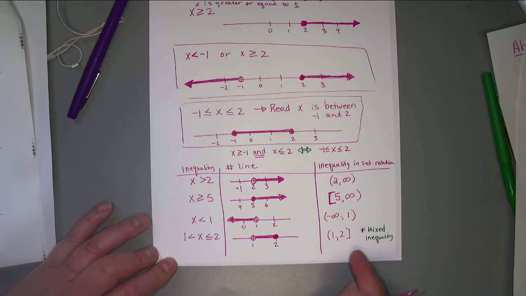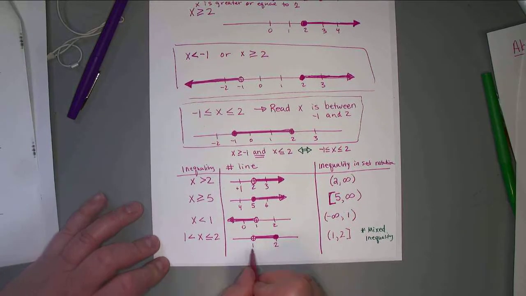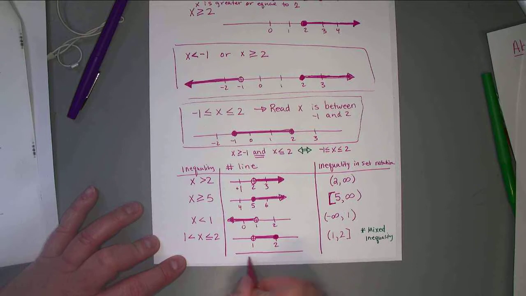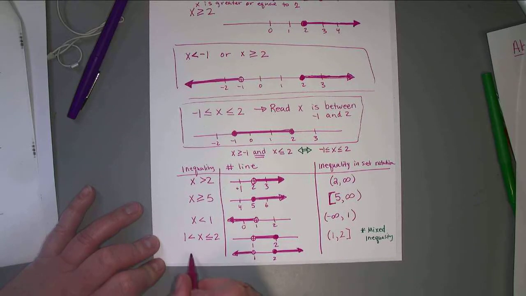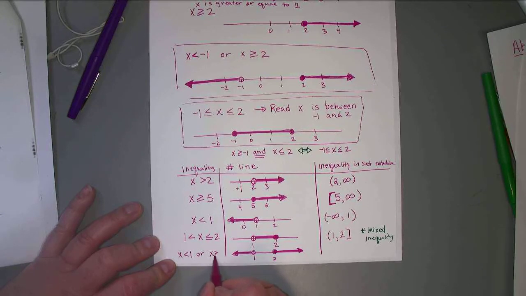Now when we have an inequality that goes in opposite directions, say we had 1 and not included, and then the 2, let's say, is included, but we're going in the opposite directions. So remember I said we have to write that in two different inequalities. You can't write it in one. So this would say x is less than 1, or x is greater than or equal to 2.